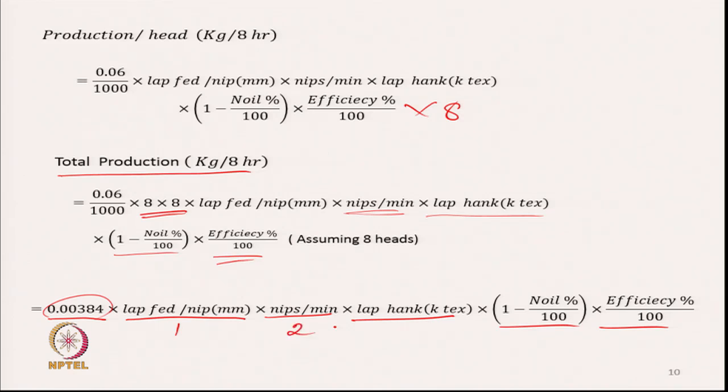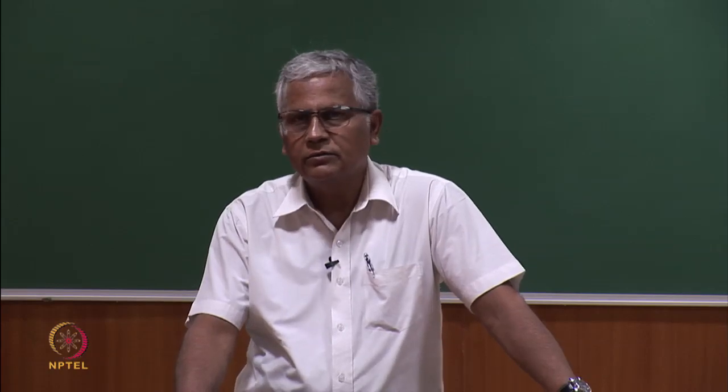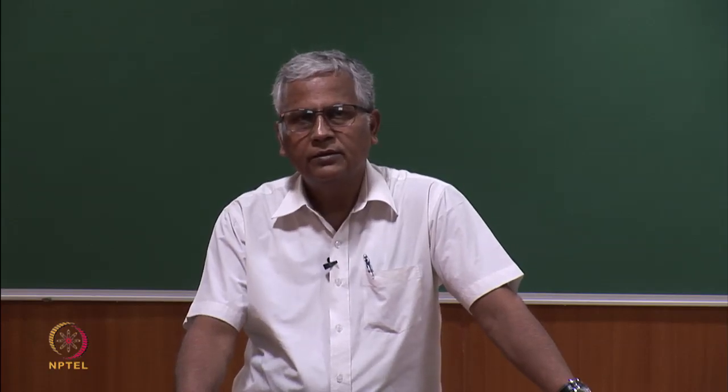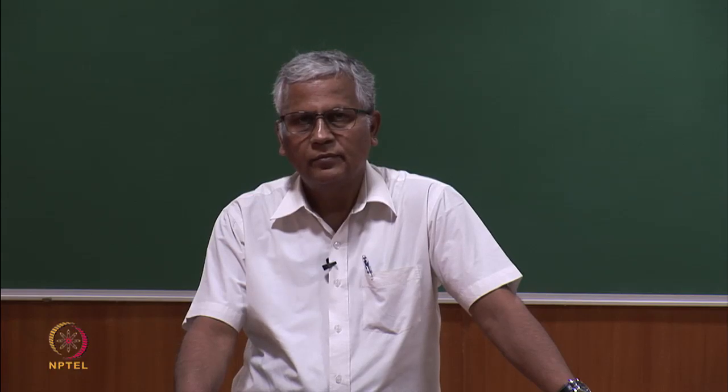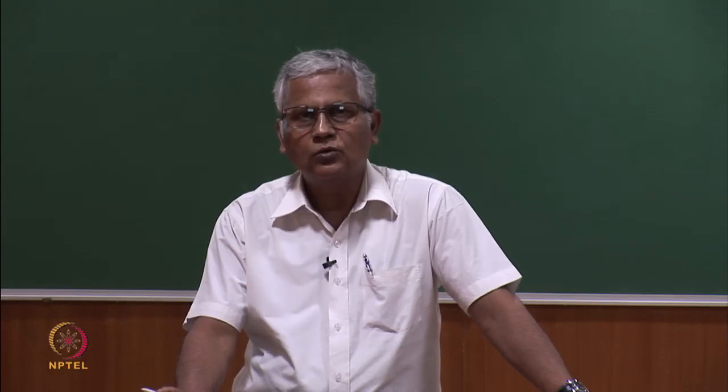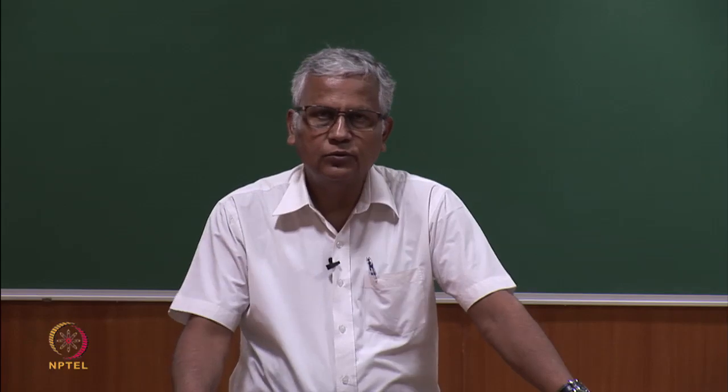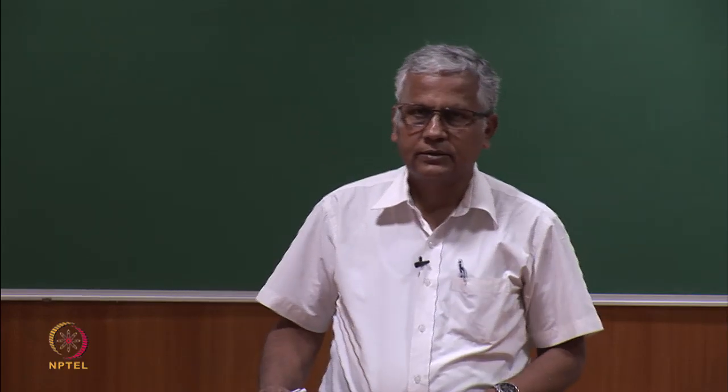Number 2 is the speed of the machine, nips per minute. The third is the hank of the lap, or linear density of the lap. The fourth is how much noil I am extracting, and the fifth is the efficiency. So many parameters, 1, 2, 3, 4, 5, all affect the total production of the machine.